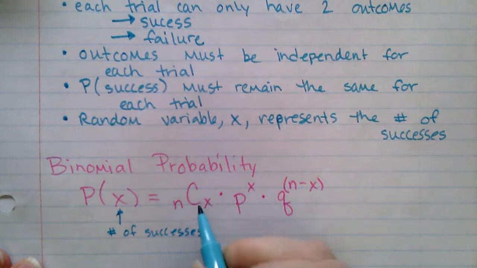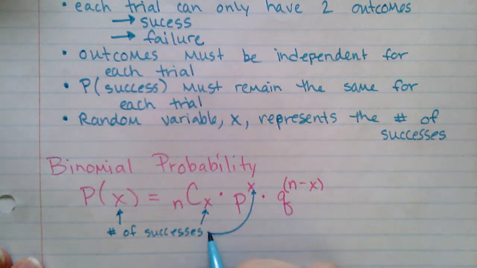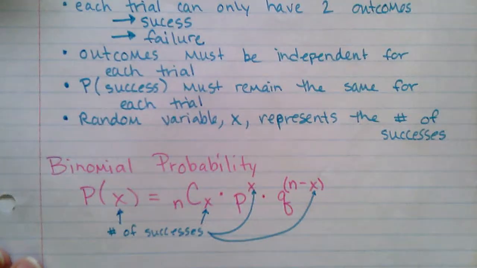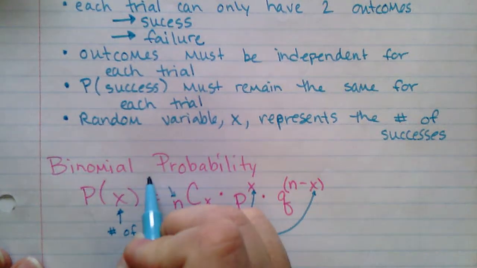And that's the same here, here, here, and here. So x is always the number of successes. n is the number of trials.